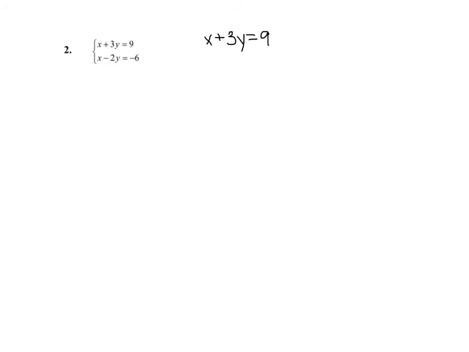So step 2 is to subtract your second equation, and you want to distribute the subtraction sign to each term in the second equation. So you have a negative times a positive x, which gives you a negative x. You have a negative times a negative 2y.